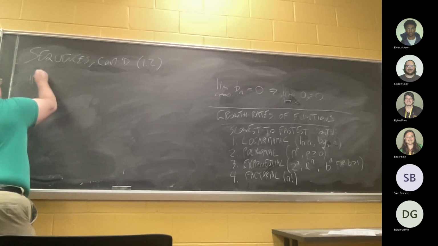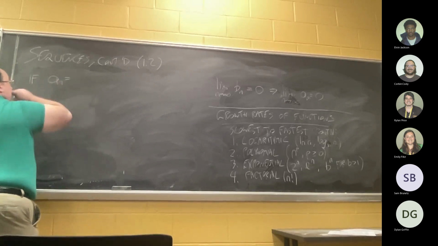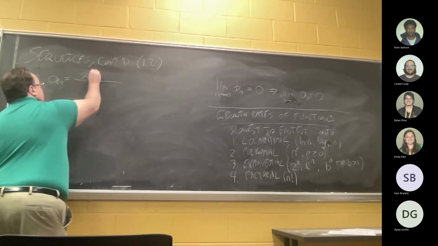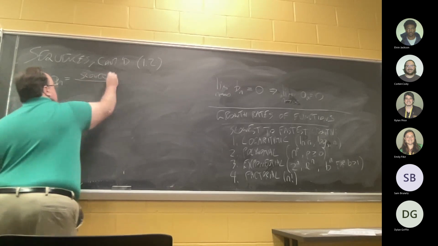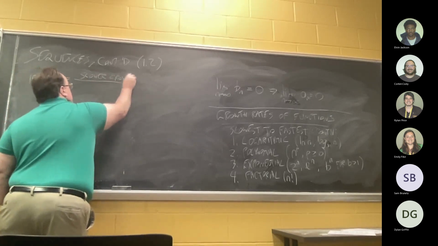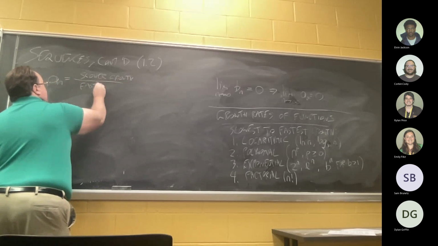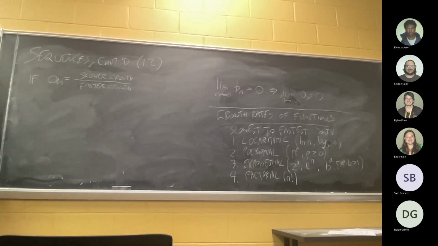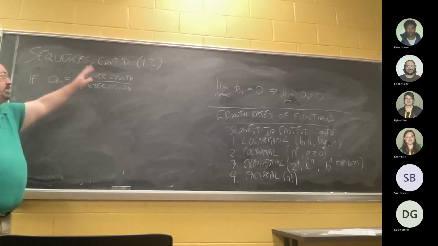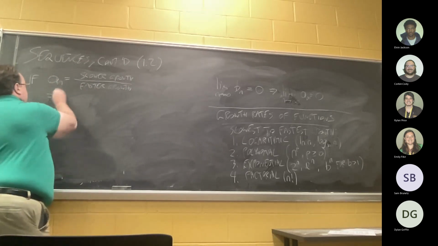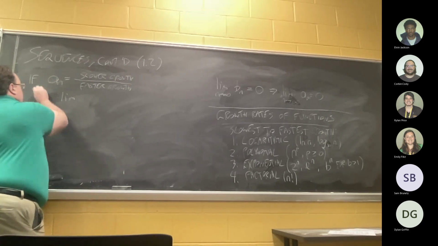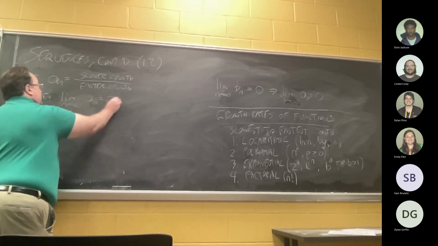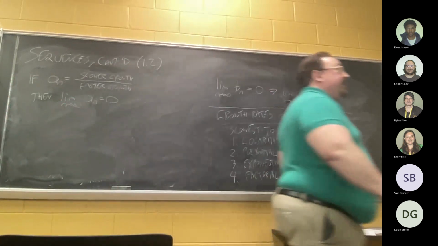So if a_n is a fraction where we have a slower growing function over a faster growing function, doesn't matter what kind, just that the top is from a slower growing category and the bottom is from a more rapidly growing category, then the limit of the sequence will have to be 0. So you can just conclude that immediately.